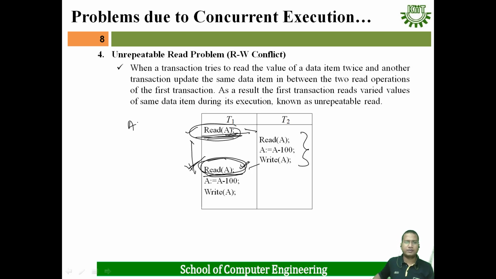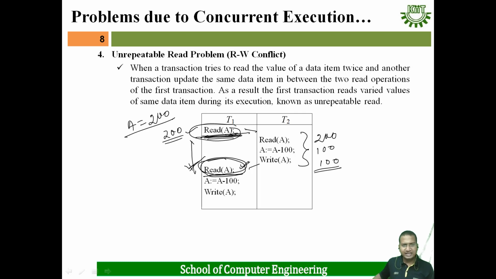Suppose the initial value of A is 200. First, when we execute the read operation of transaction T1, it will read A as 200. In between, suppose T2 is executed; it will read A as 200. Then A = A - 100, that means A value will be 100. Write A means it will update 100 in your buffer.